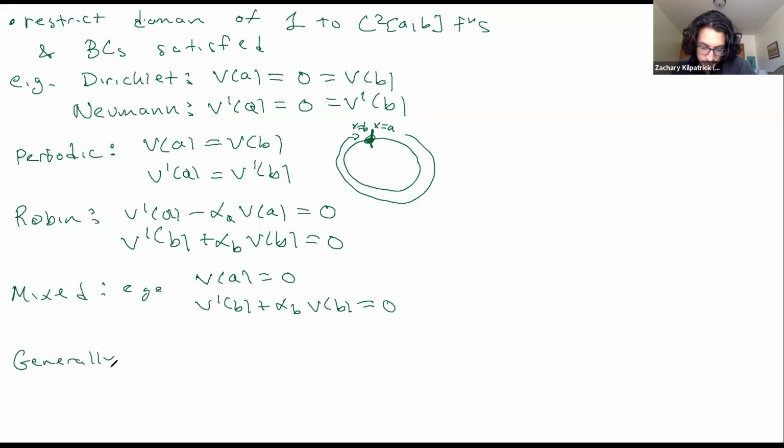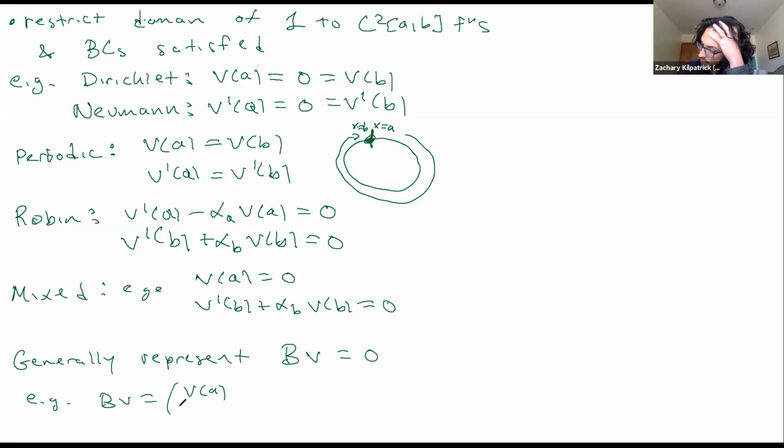So generally, we can represent these again just as some operator. Call it B acting on V equals 0, right? So for example, BV might equal something like V of A and V of B. That's a linear operator, okay?